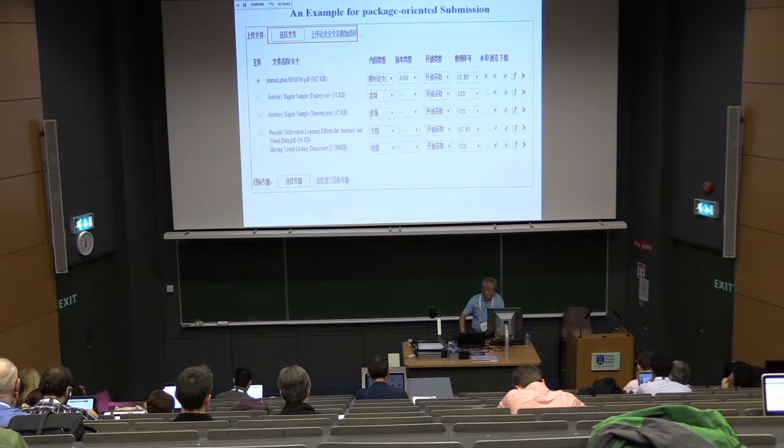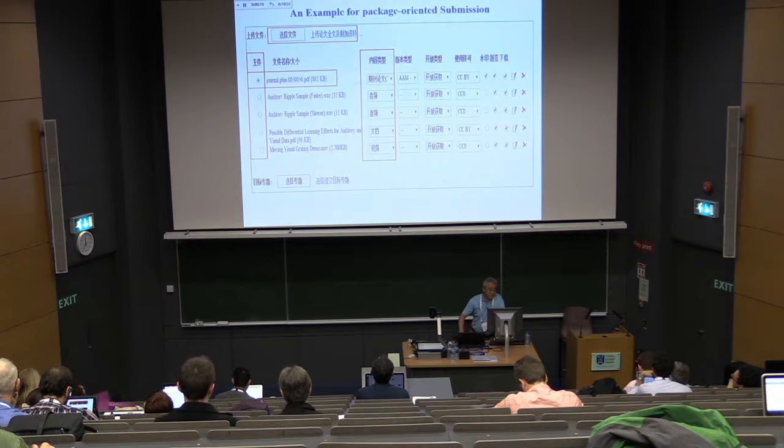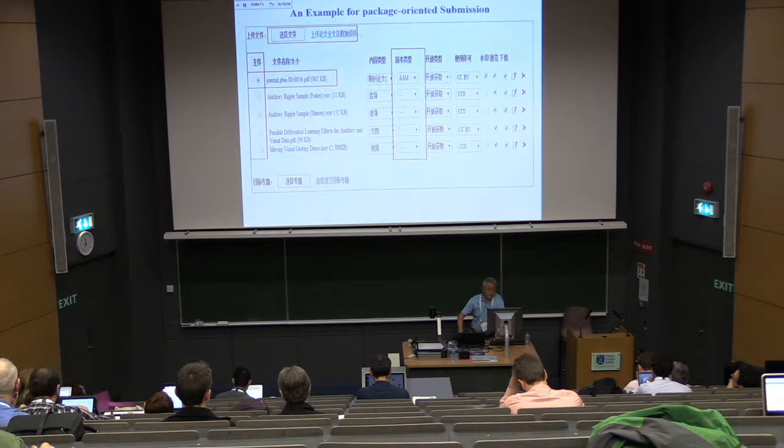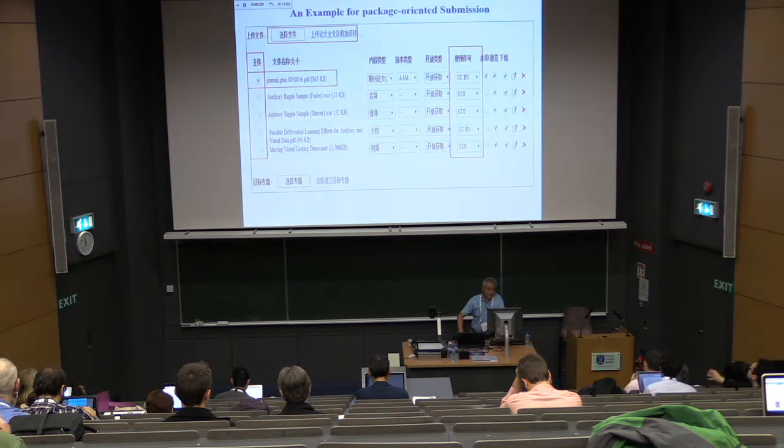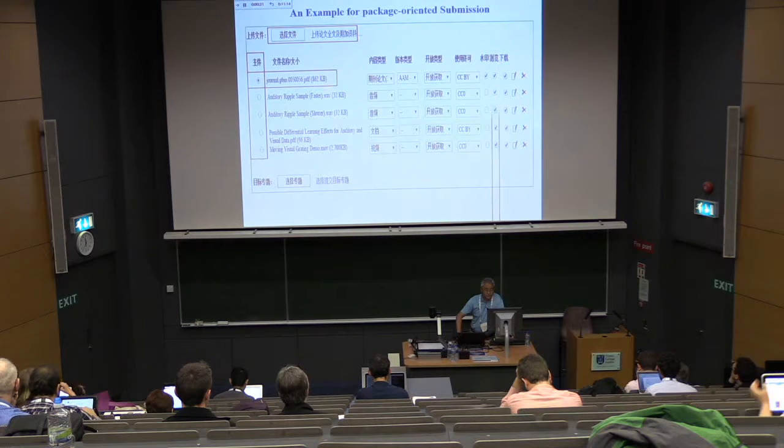This is the process of assigning the principal object. This is the content type, and this is the version type, and this is the open access type, and license, and this is watermark, and some kind of access control, download control.